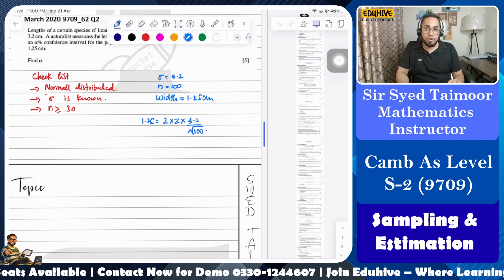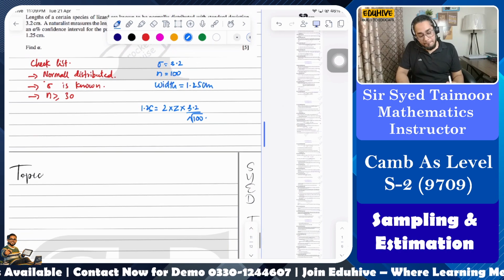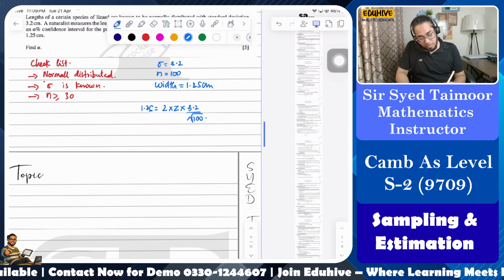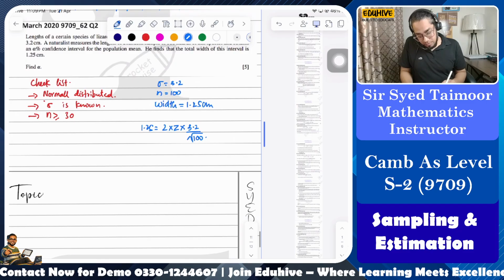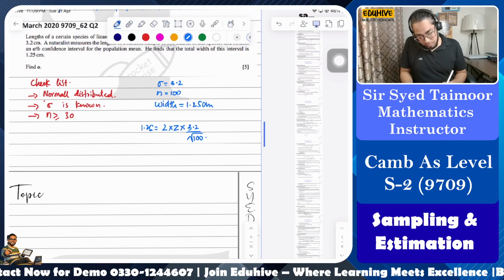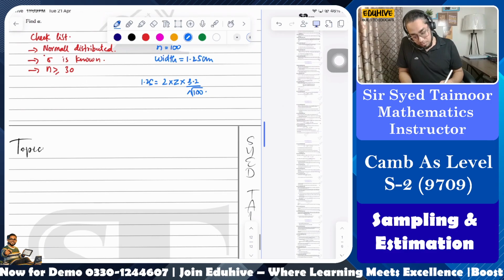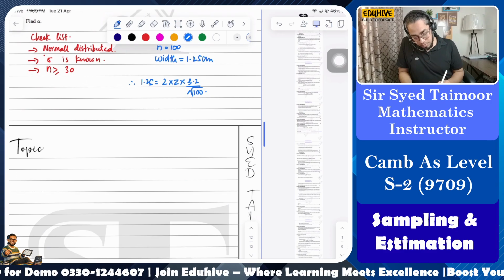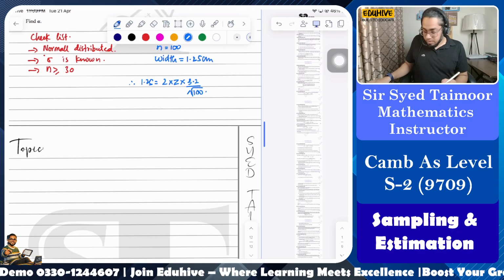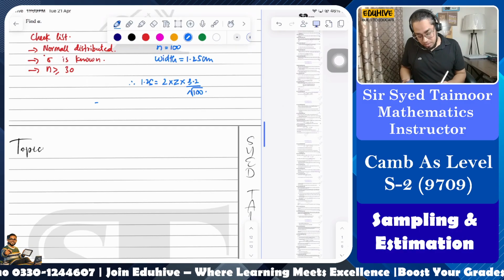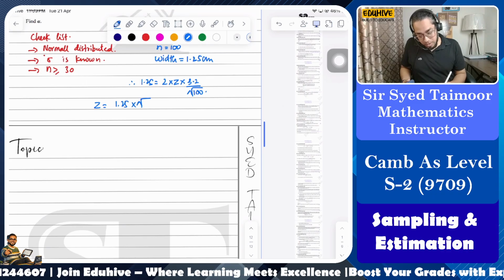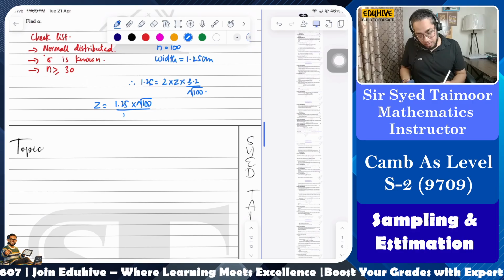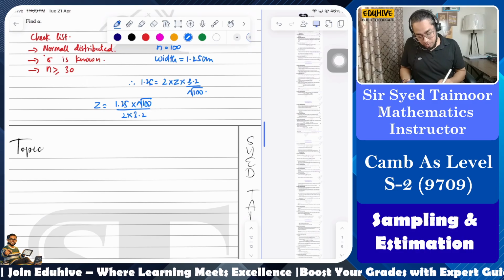We can calculate the value of z from that. Or we can directly calculate z: 1.25 multiplied by under root of 100, divided by 2 multiplied by 3.2.